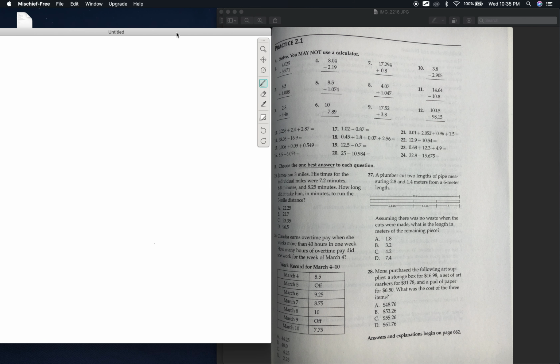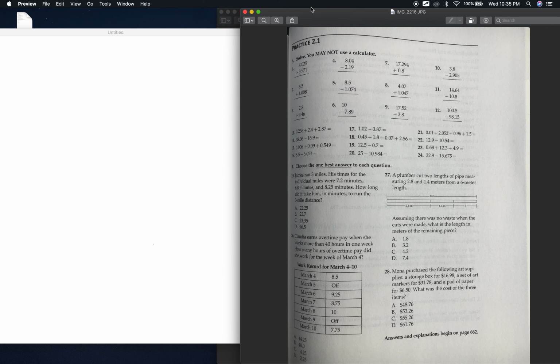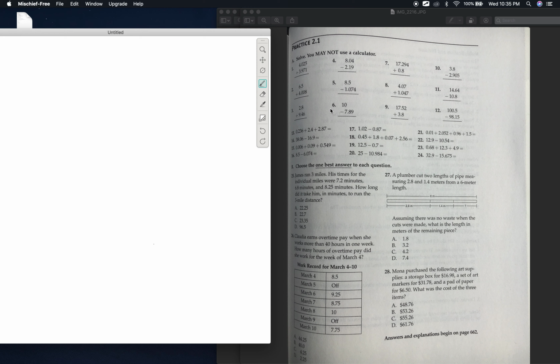So again, it's figuring out what type of math we need to do to figure out story problems. So this is obviously addition, because they give you the time for each individual mile. They're asking you how long it took to run the collective 3 miles.